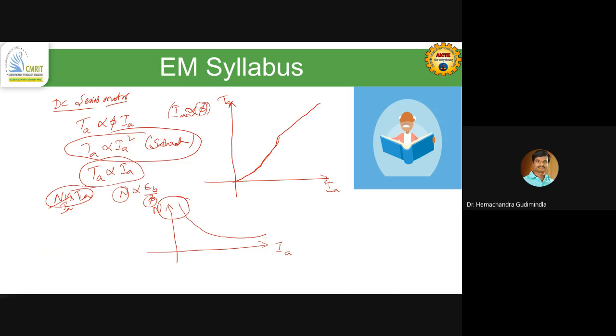If the speed is high, torque will be low. So we will draw the torque versus speed characteristics because it is the same as this graph only. So torque versus speed, it is the same as this graph. So this one also, if speed is high, torque is low. If speed is low, torque is high. So these are the characteristics of DC series motor.